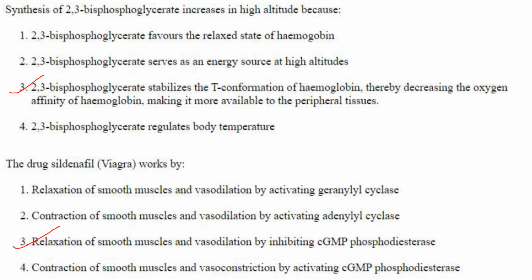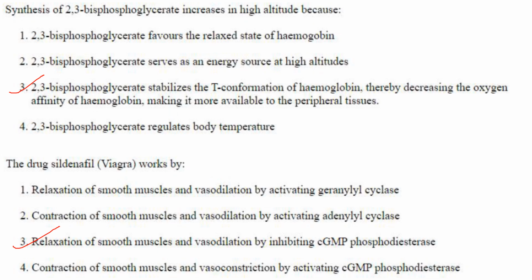Then next one, synthesis of 2,3-bisphosphoglycerate increases in high altitude because. So I already told 2,3-bisphosphoglycerate binds to hemoglobin reducing its oxygen affinity and thereby facilitates the release of oxygen to the tissue. 2,3-bisphosphoglycerate favors the relaxed state of hemoglobin?